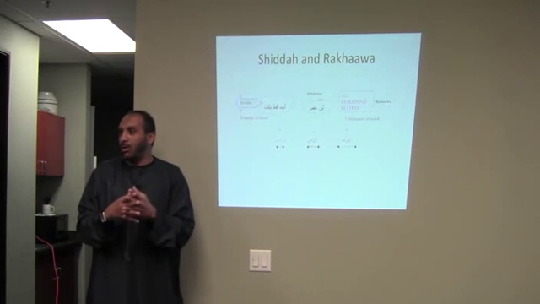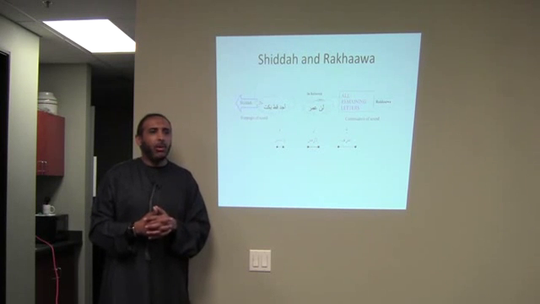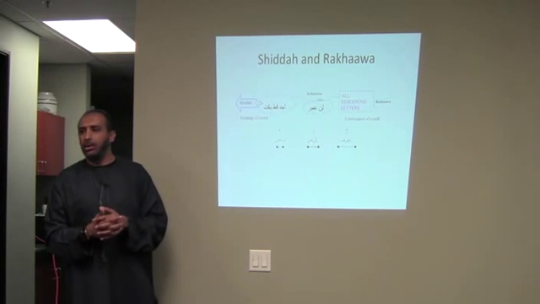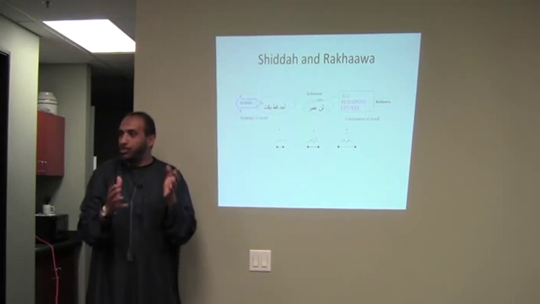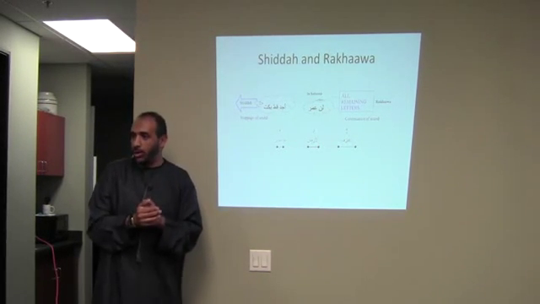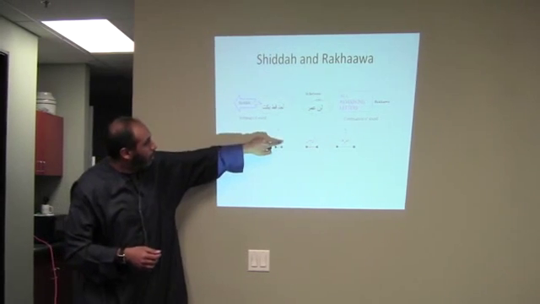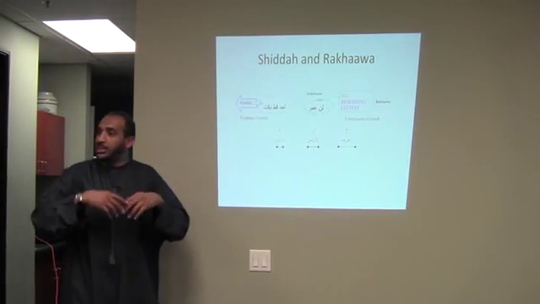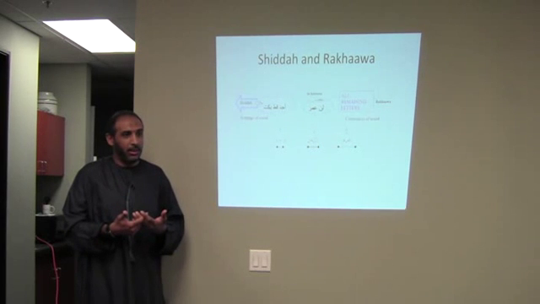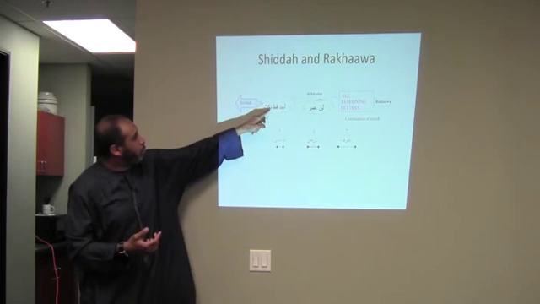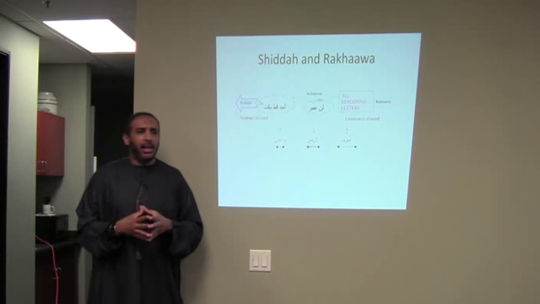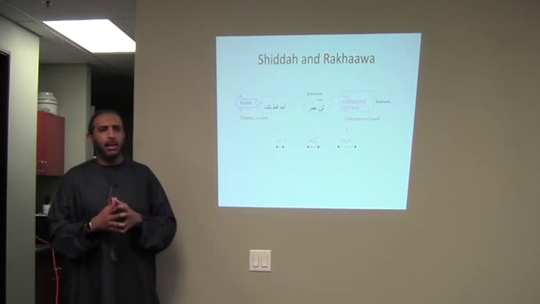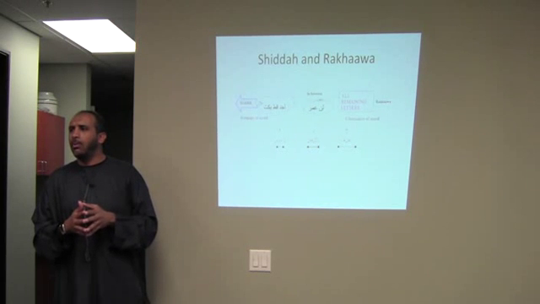Because haqq. Dhalika al-yawm al-haqq. Okay, so there is even that gap where there is no sound whatsoever, and then comes the qaf very strong. So when it has a sukoon, it's evident. When it has a shidda, it's even more evident. Okay, so another word here is tabbat yada abi lahabin wa tabb.